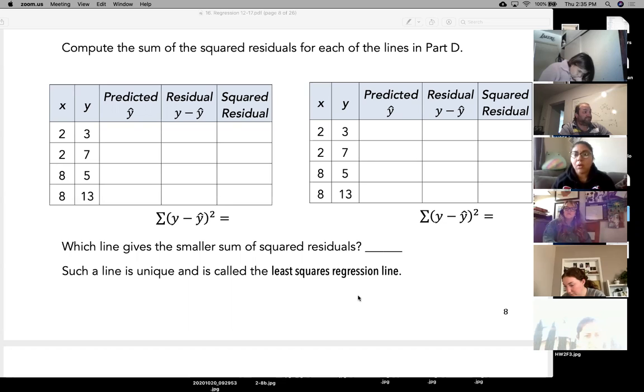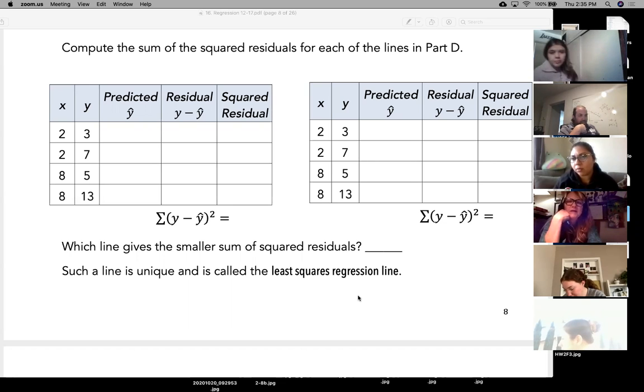So my question is, if we're given the line, we just do what we did, but then how do we get the second line that makes it smaller? I didn't quite understand. So what we just did is we examined a few different lines and saw that a lot of what we did earlier gave us the same value, but this one gives us a unique answer.